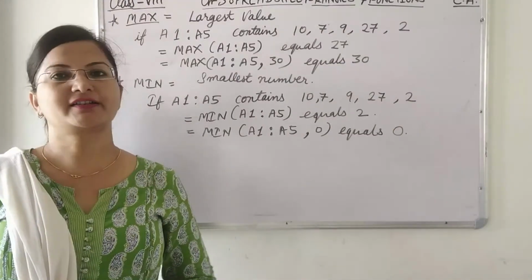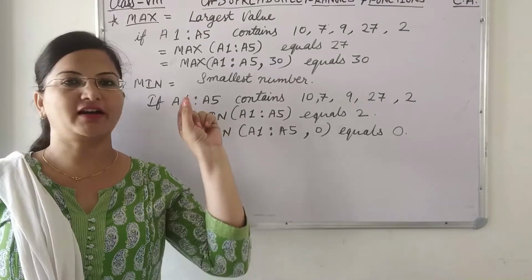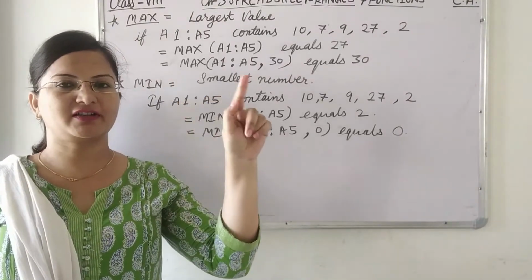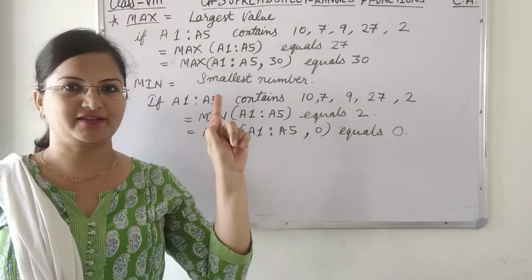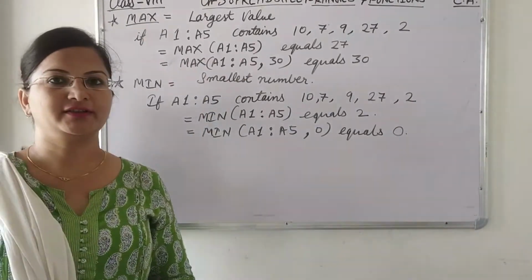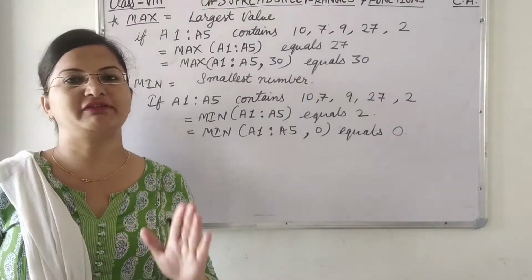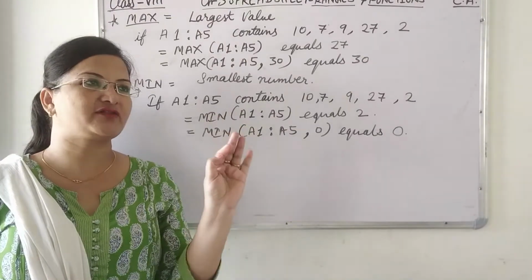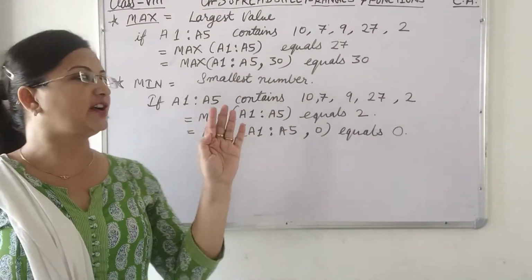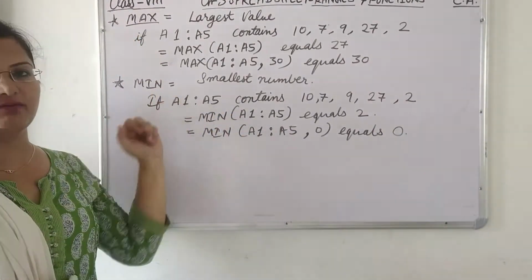So students, till now we have studied the sum function, average function and count function. Now there are 2 more functions. So in total we have to study 5 functions: sum function, average function, count function, then max function and min function.